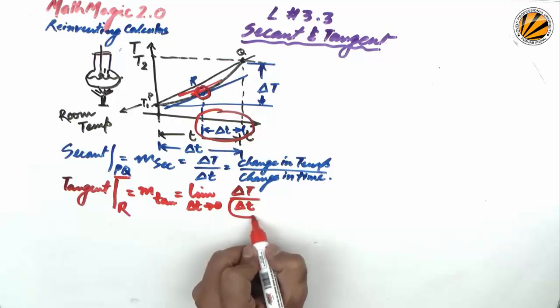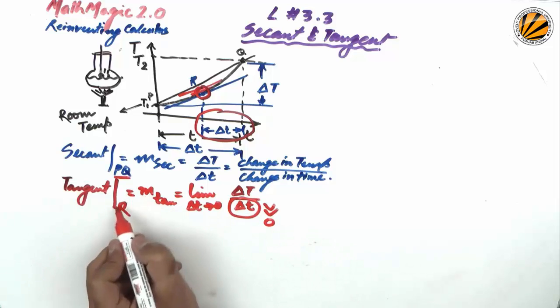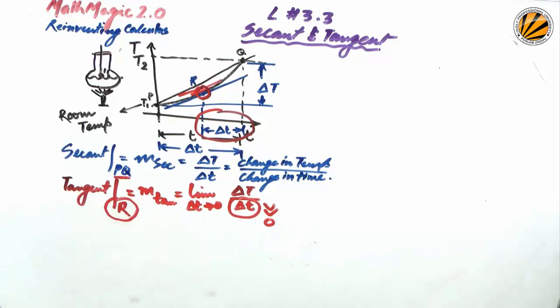We are reducing the time change to 0 so that we reach this particular point R.